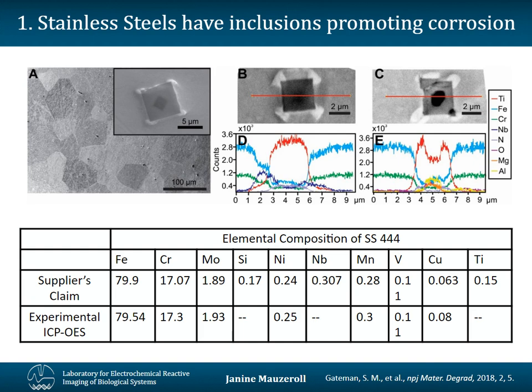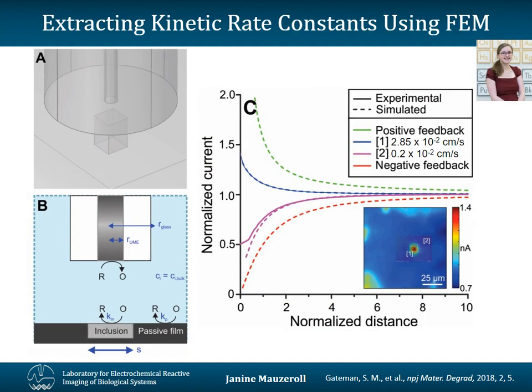And industrial companies are very interested in knowing, well, how detrimental are they? And SECM can be quite good at providing a number. So in panel A, because the inclusion was cubic, we ended up developing a finite element method model for this.